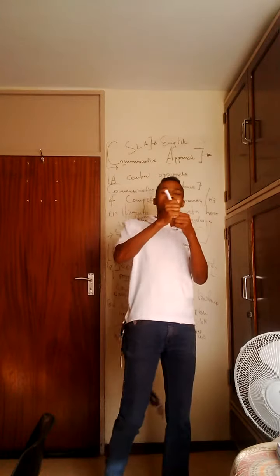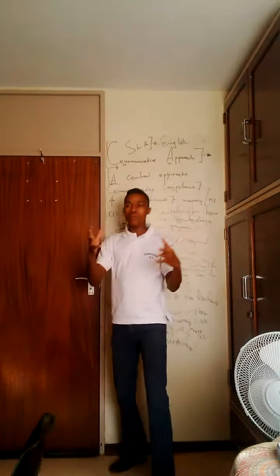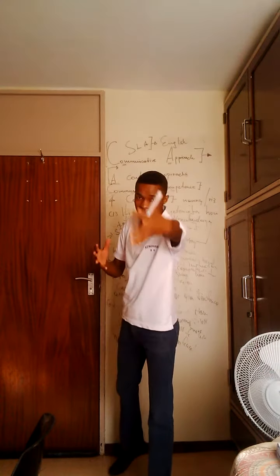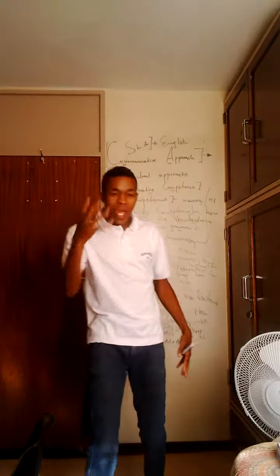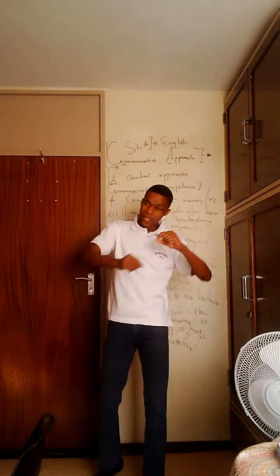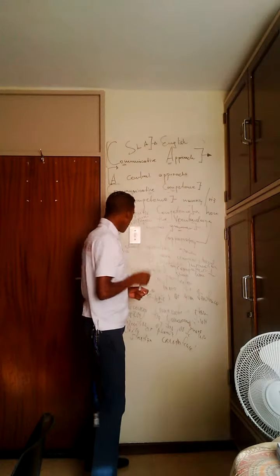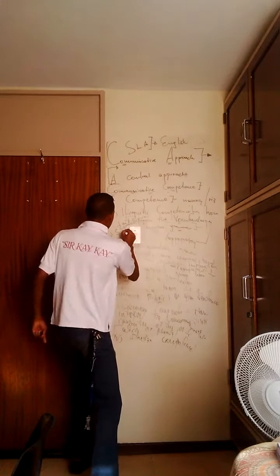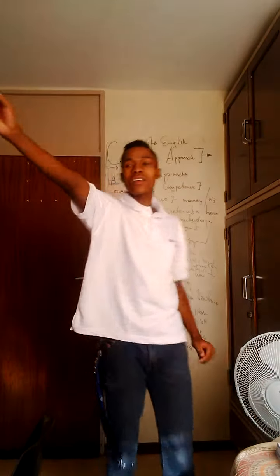If you have strategies, you can apply them anywhere, so that you can see what someone is up to, or spot the difference: this is this and this is that, it's not like this, it's like that. By doing that, we are strategizing the competence.